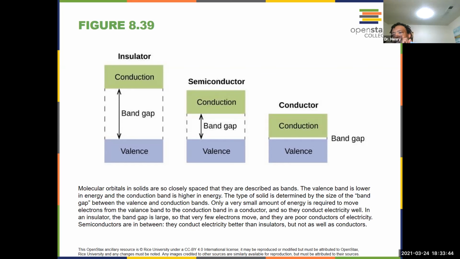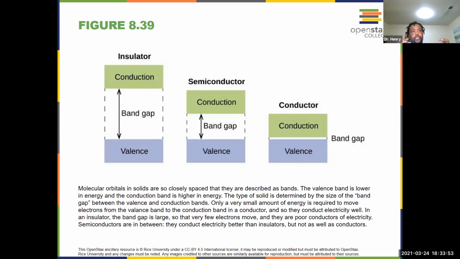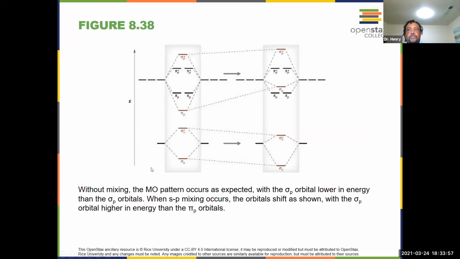Are you with me? Okay. So in terms of that energy, that gap between energies, if we go back to this, this represents that energy. If there's a gap big enough between when we're making our molecule, to push it to that other level when we're bringing everything together, then we're going to have an insulator.